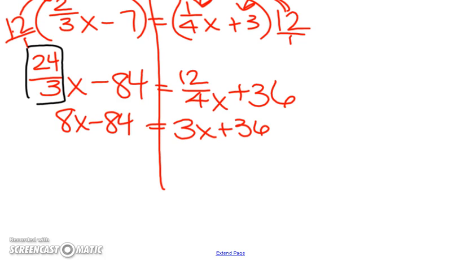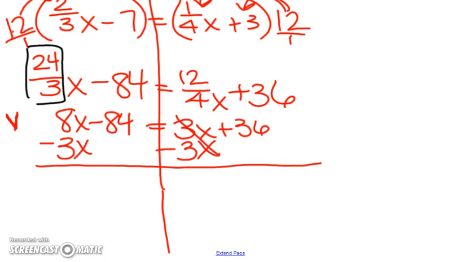We know that we want our variable to stay positive, so I am going to isolate my variable on one side. This is going to be my variable side, so I'm going to take the inverse or the opposite of this operation and do it to both sides. So I have 5x minus 84 equals 36.